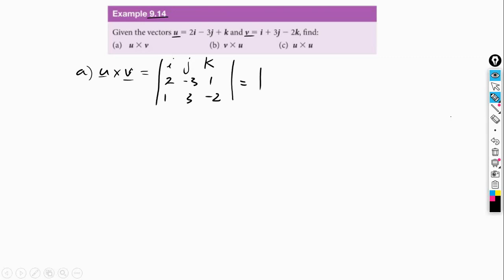So this is going to equal, now remember that for the first one, we grab the components that are not in the same column as i. So this would be -3, 1, 3, and -2, and we do the cross product of these and multiply that by i.